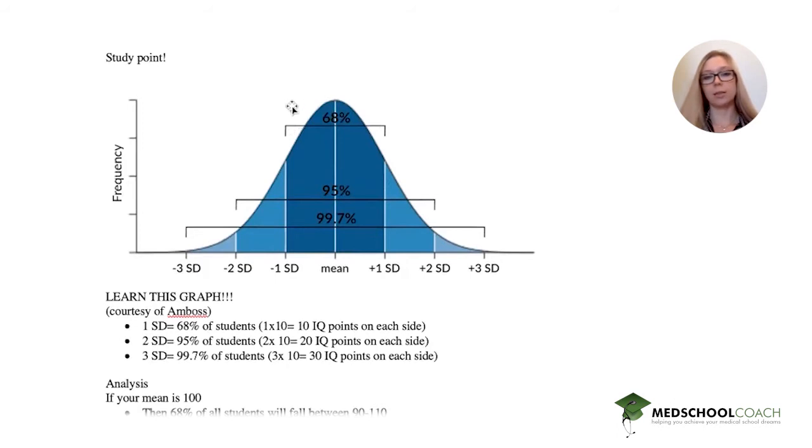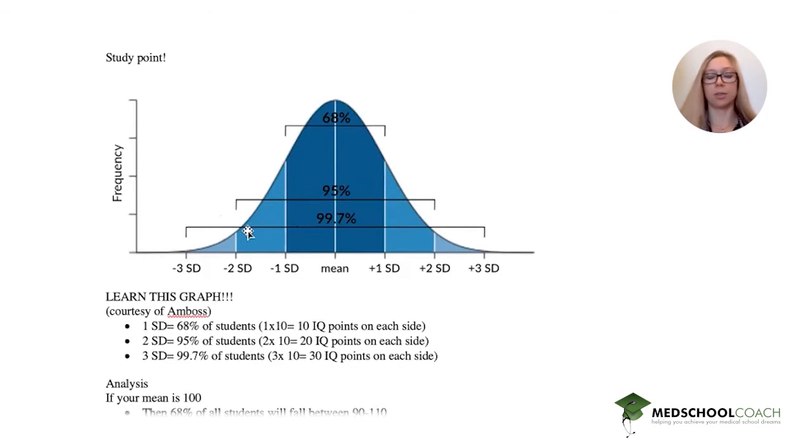Then one standard deviation will encompass 68% of values. Let's say you want more than that. You want to encompass 95% of values. Well, that's 2 standard deviations. And finally, 3 standard deviations represents 99.7% of values. You can't figure out what your standard deviation is until they tell you.